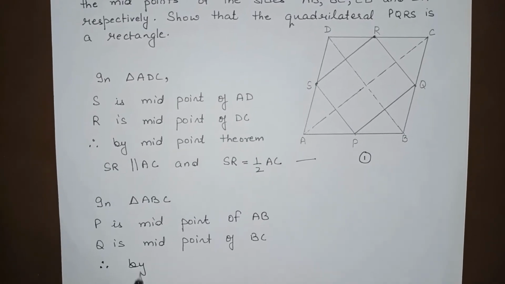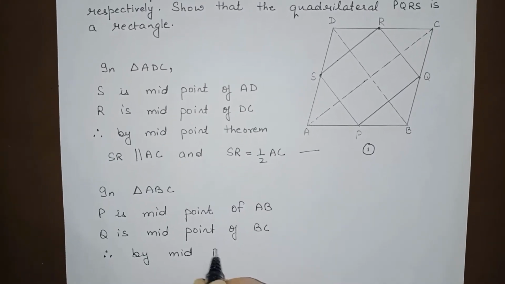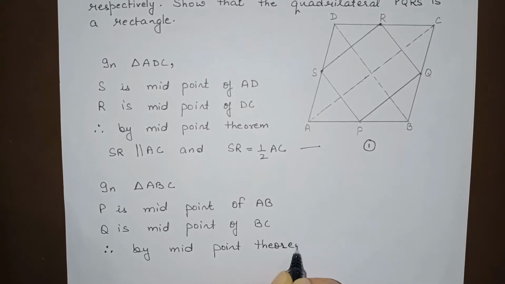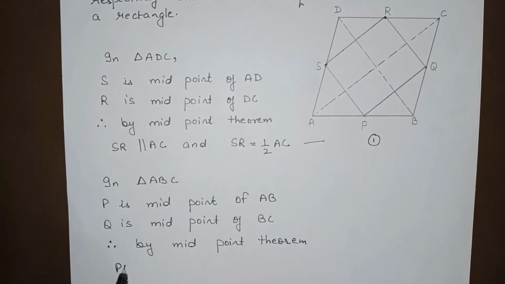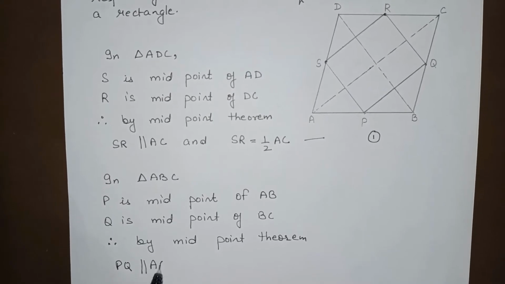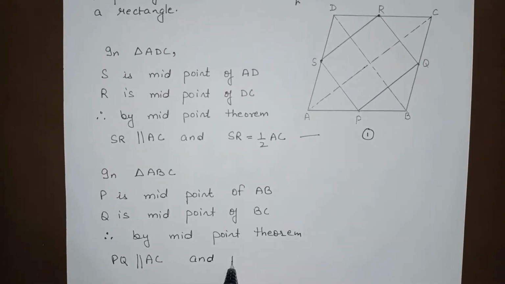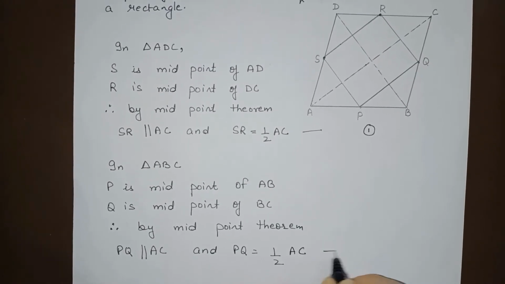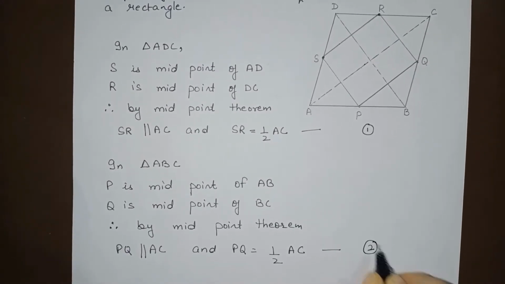Therefore, by midpoint theorem, we have PQ is parallel to AC and PQ is half of AC. Let us take this as 2.